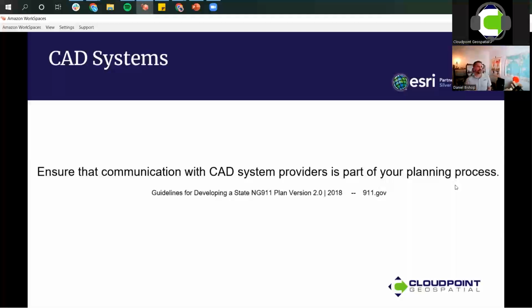This sentence is taken from Guidelines for Developing a State NG9-1-1 Plan. So if you don't have a contact with your local CAD provider, I encourage you to begin that conversation to understand what software requirements, specifically regarding GIS, your particular CAD software has, because it can be unique to any particular instance or location.